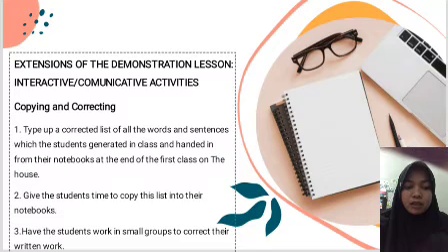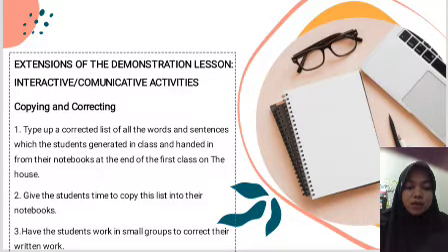The second, give the students time to copy this list into their notebooks if they are at the stage in their learning where they prefer to correct their own work. Type the list of sentences, or write them on the board or a large sheet of paper, as actually written by the students.